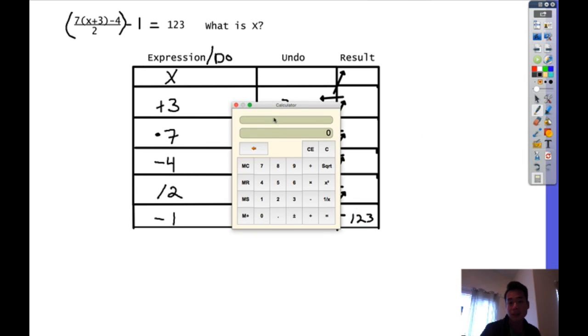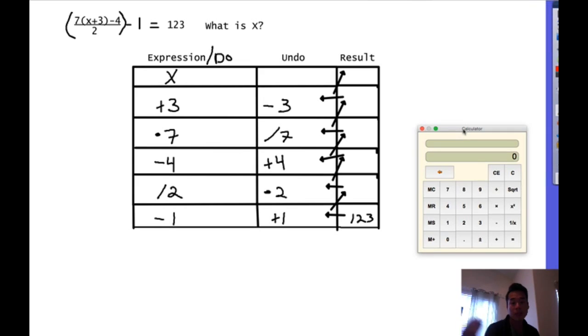Now, careful, just like in number tricks, at the end of every arrow, you hit enter, you write it in so that your calculator doesn't just try to run all of it at once, which could be problematic because it will do the order of operations as you type it in without understanding that you meant to have a break here or there.